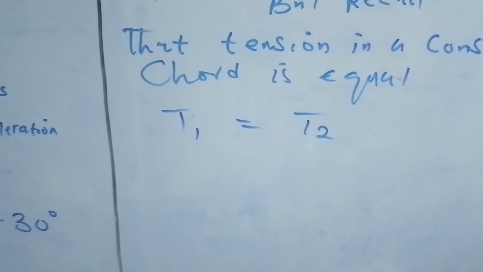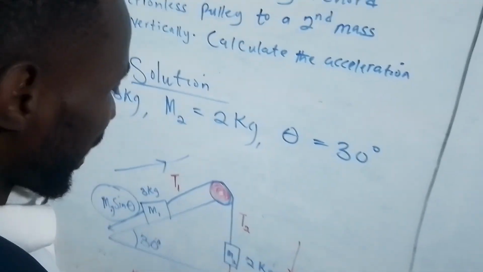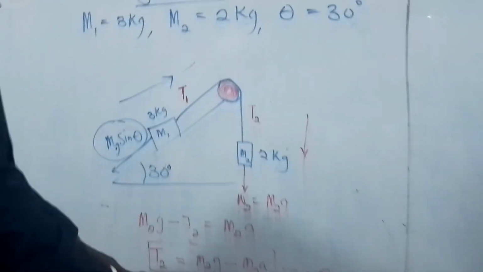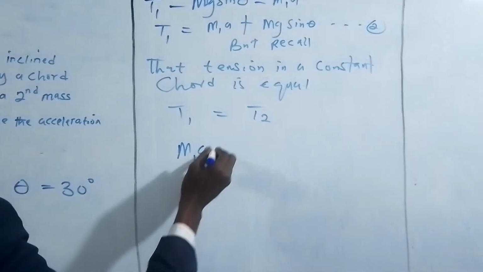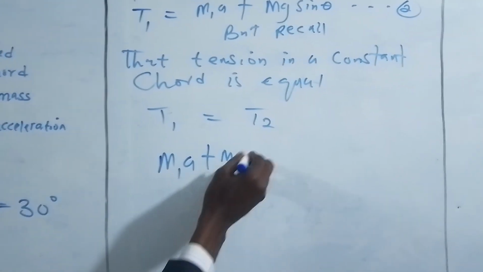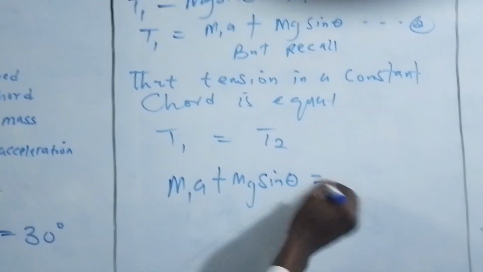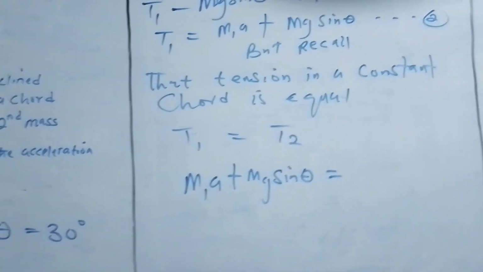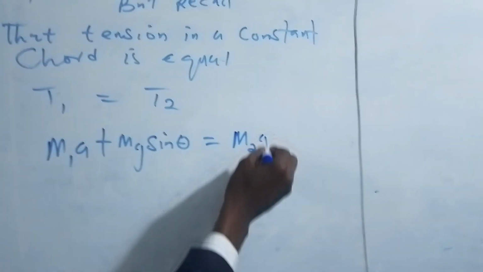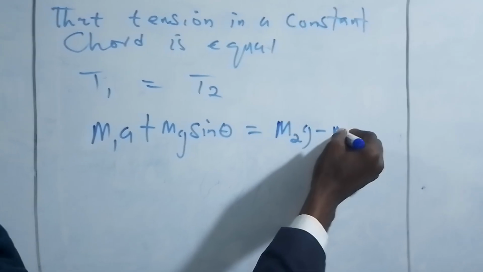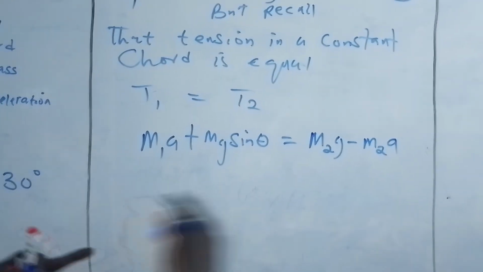From equation 2, T1 is equal to M1A plus M1G sine theta. That will be equal to T2, which from equation 1 is M2G minus M2A. So M1A plus M1G sine theta is equal to M2G minus M2A.